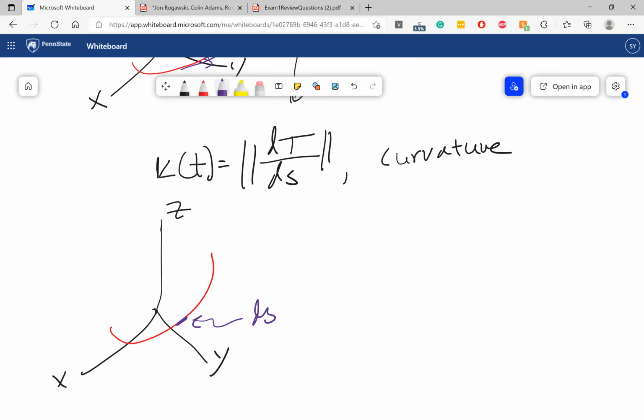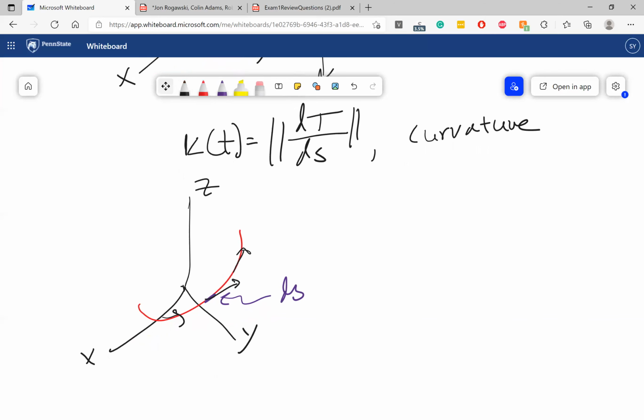So for example, the unit tangent vectors are these vectors here. In this case, they are changing. So we do have some curvature. And as we take small ds steps along the curve, we are going to get some positive number for curvature.